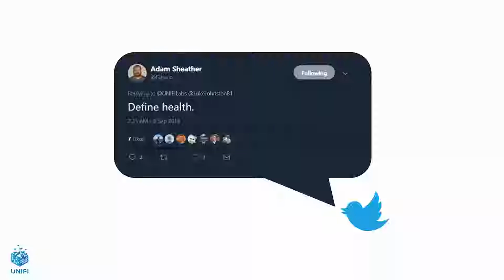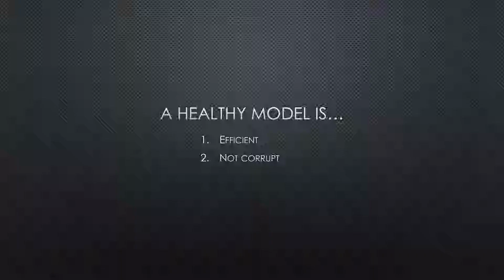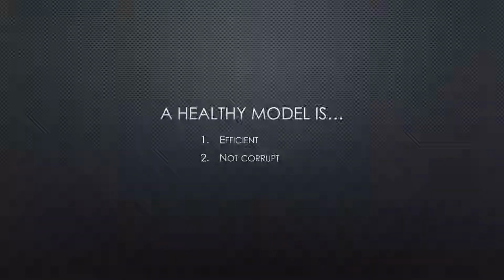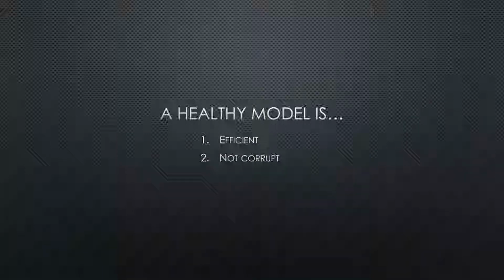However, I think we can simplify the answers, in an effort to keep the end goal in mind throughout this webinar. I personally feel, and of course you can agree or disagree, that model health can be approached with two simple goals in mind. One, a healthy model is efficient, and two, a healthy model is not corrupt.